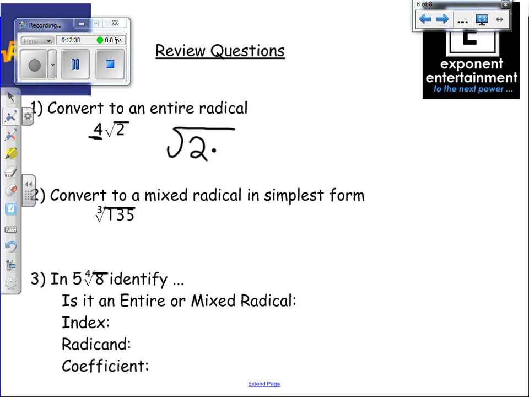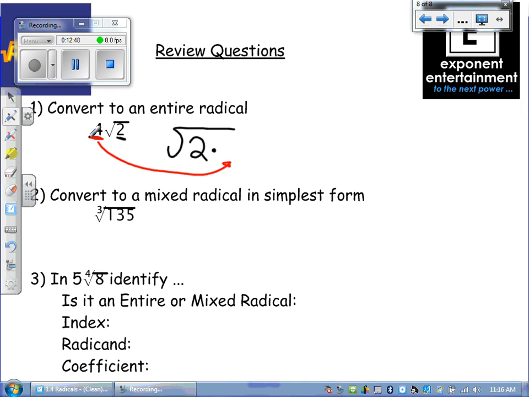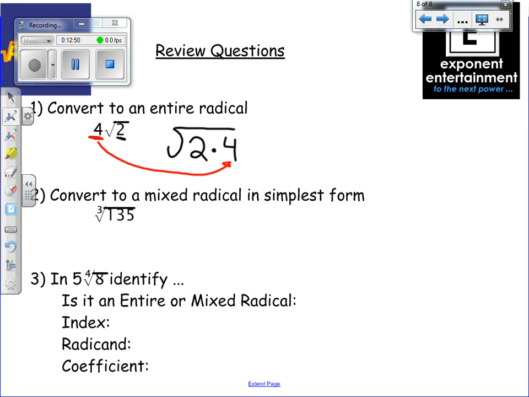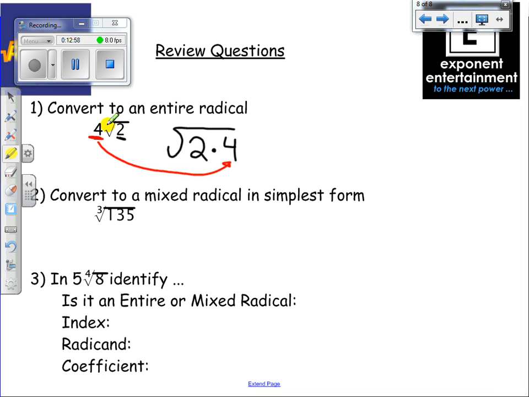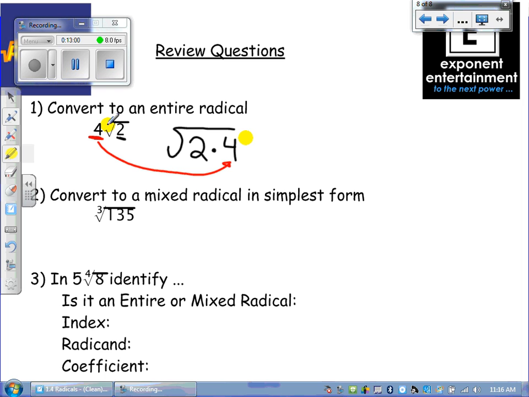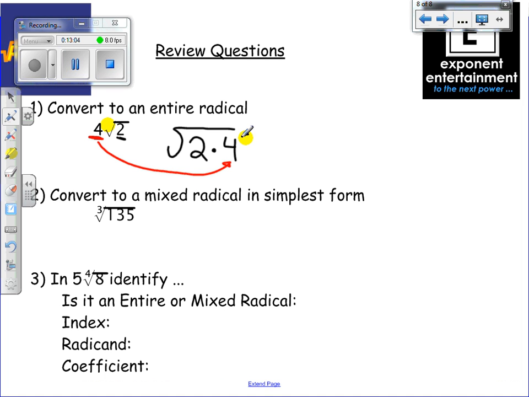This 4, like Murphy said, you bring it underneath here. And now you use that sign. So whatever your index was right here, make it appear there. And what is it? The 2. And all you have to do is solve what's underneath the radical sign.